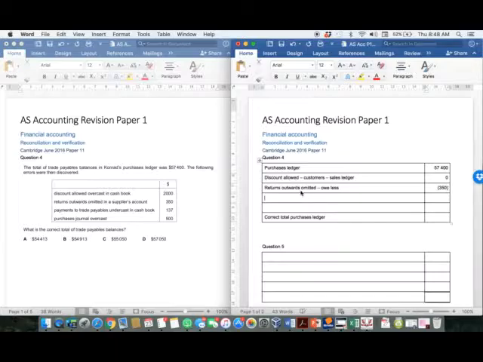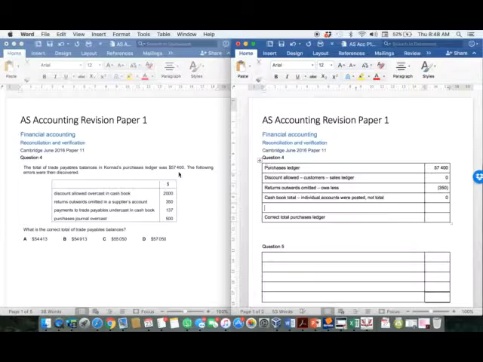The next one says payments to trade payables were undercast in the cash book. Remember that cash book total is not going to affect my purchases ledger because the individual accounts would have been posted, not the total. So therefore this is also going to be a zero effect.